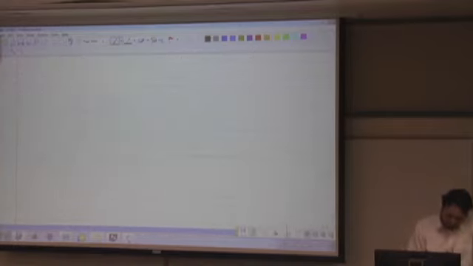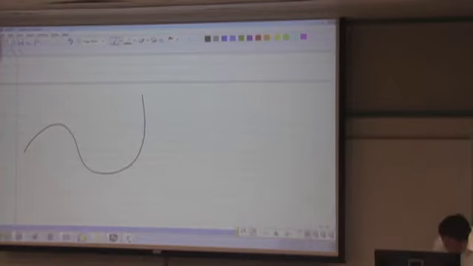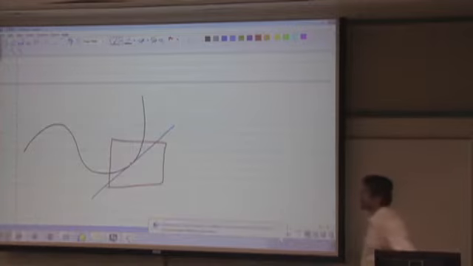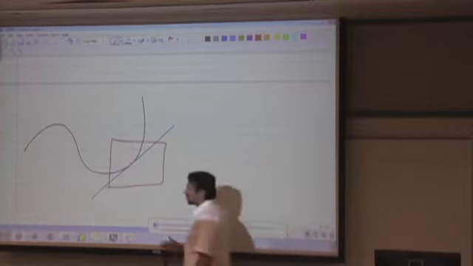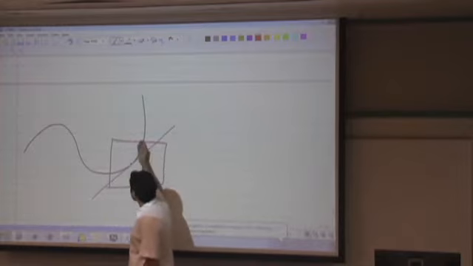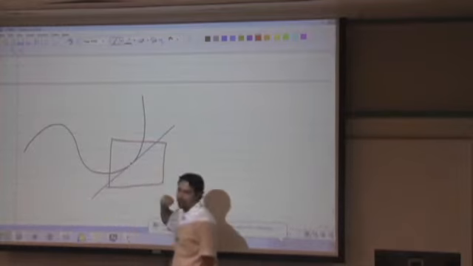So let me say it, because I think it's very important. Let's say you have this lovely function. Technically it's not a function, but anyway. What happens if I look at this tangent? Well, it depends on what you want to look at. If I look at a window this big, the tangent doesn't really seem to be all that good, because the function goes very much away from it, right?